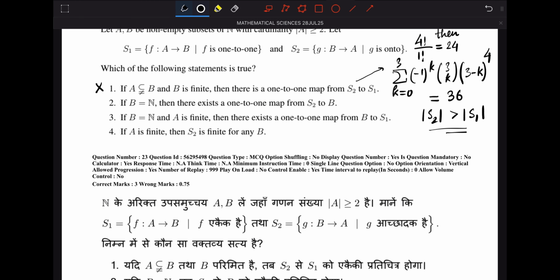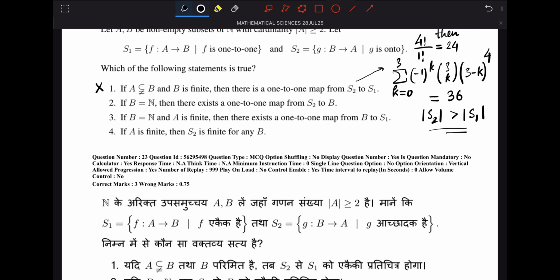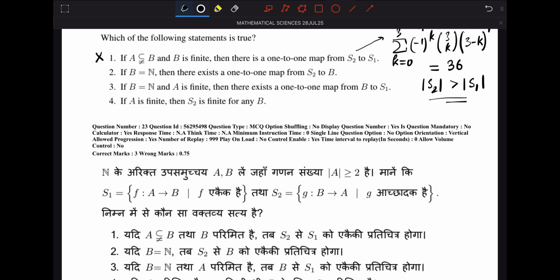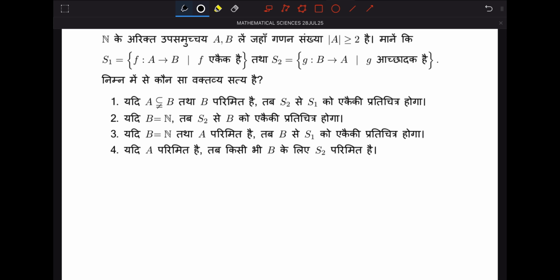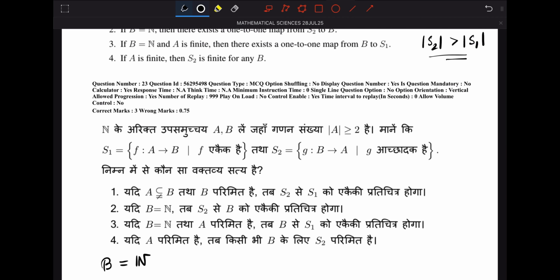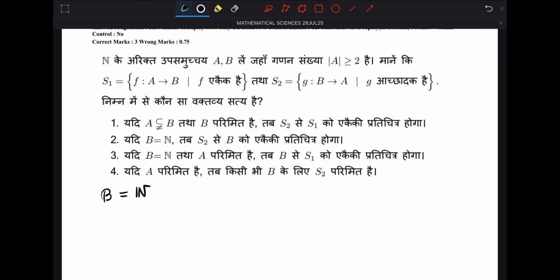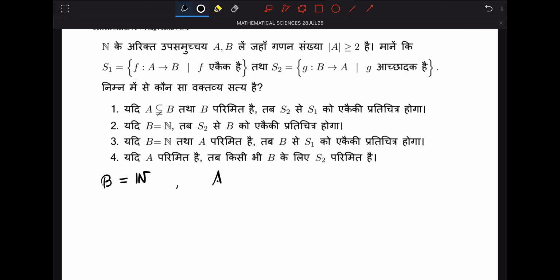So for checking the second one: if B is N, then there exists a 1-to-1 map from S2 to B. So let's say B is N, and let us assume cardinality of A is 2.